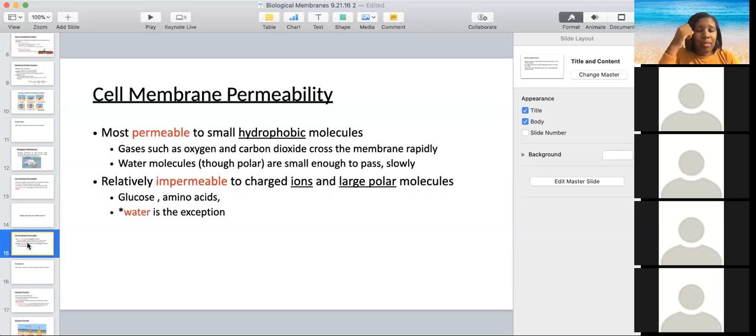Things that are relatively impermeable cannot permeate that membrane without some assistance. These are larger charged ions and large polar molecules, things like the glucose that the cell needs, amino acids, and so forth. Those are going to require some assistance in order to get inside of the cell.